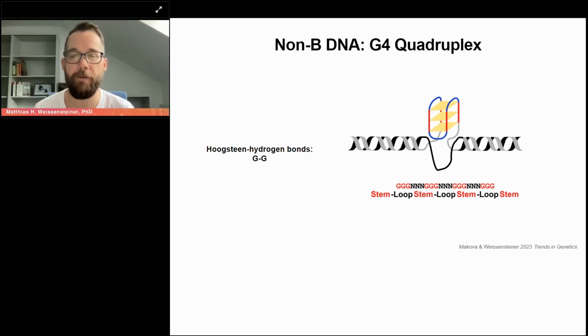So you don't have the typical C and G pairing. You actually have G's pairing with each other in these Hoogsteen hydrogen bonds and building this 4-stranded planar structure, which is sort of like a knob. And the other strand can either also form a structure or is essentially just present as a single strand in the cell.